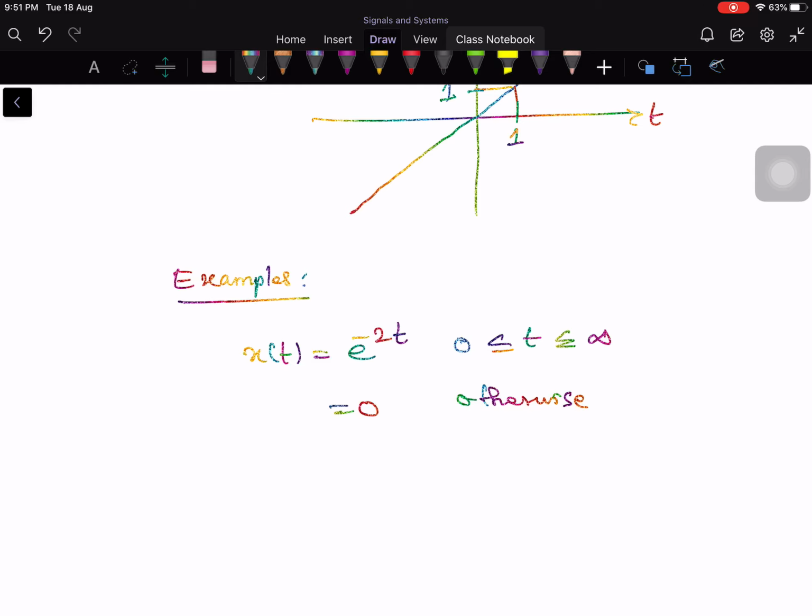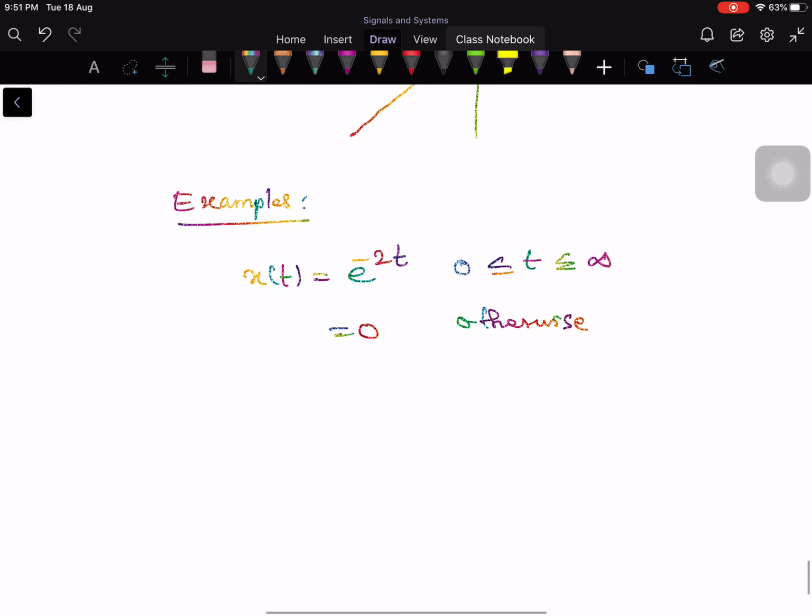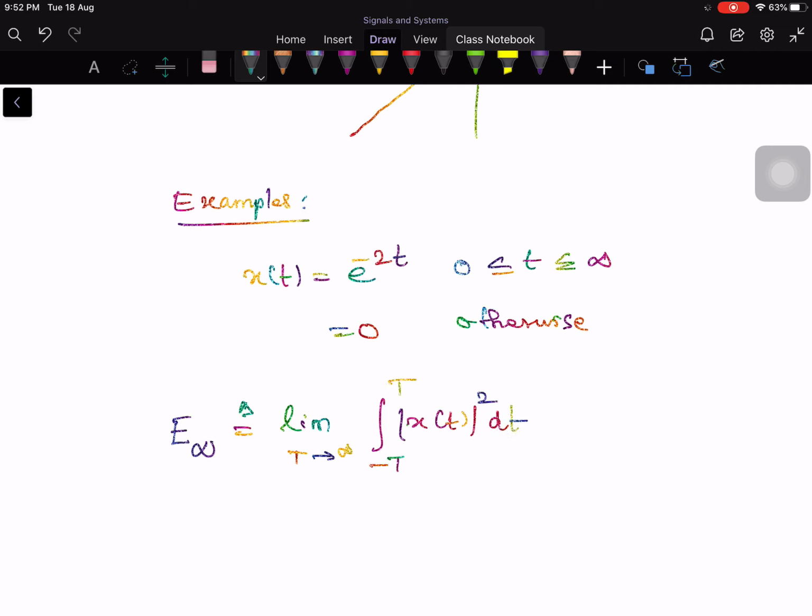So like this the signal is defined. Now how do you find out the E infinity and P infinity? Always you try to find out E infinity, because finding P infinity is very straightforward from E infinity. So E infinity is defined, by the definition, as limit T goes to infinity, integral of modulus of x of t squared dt from minus T to plus T.